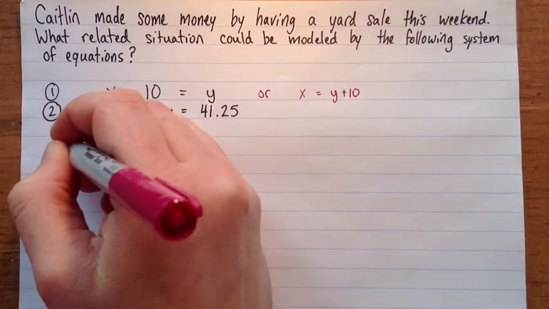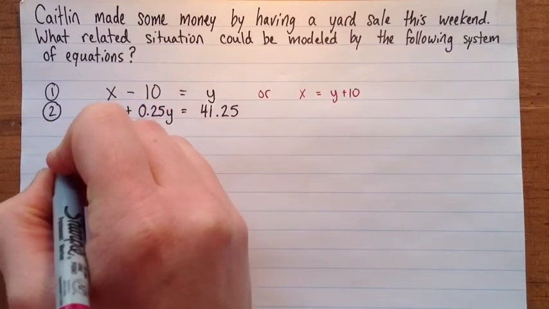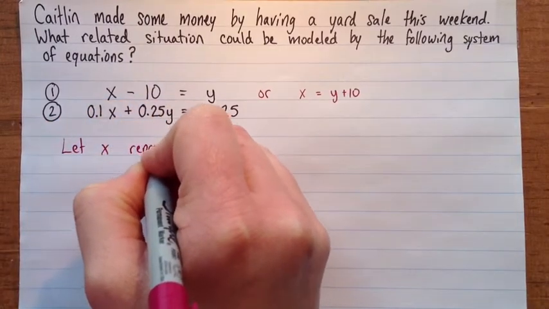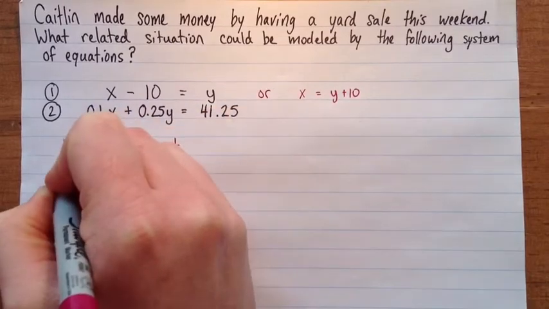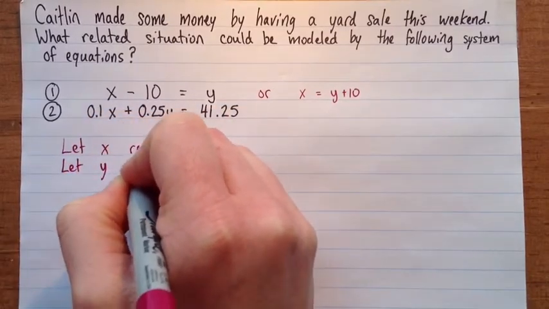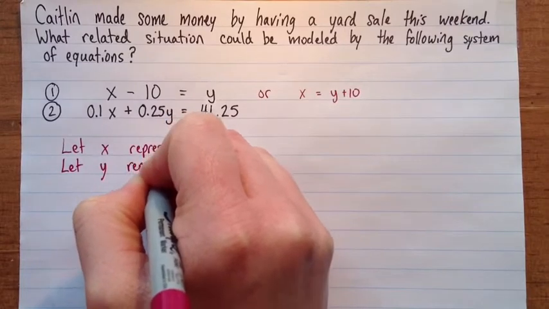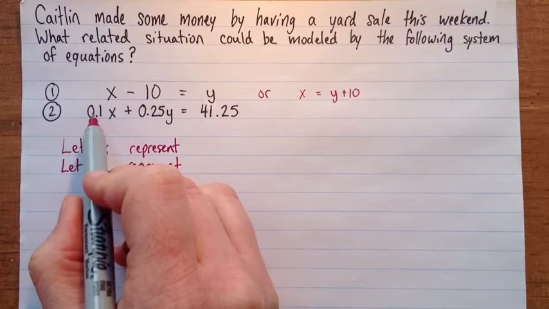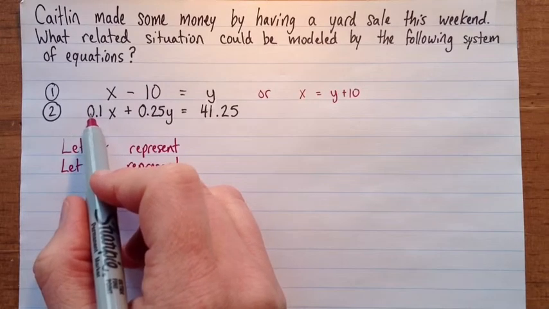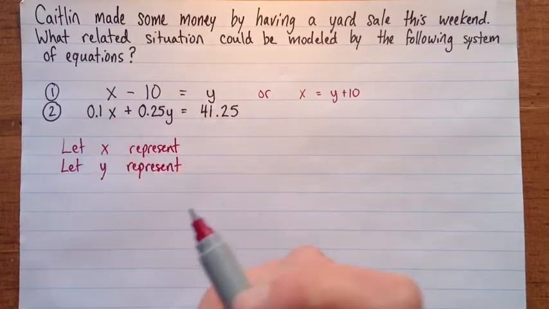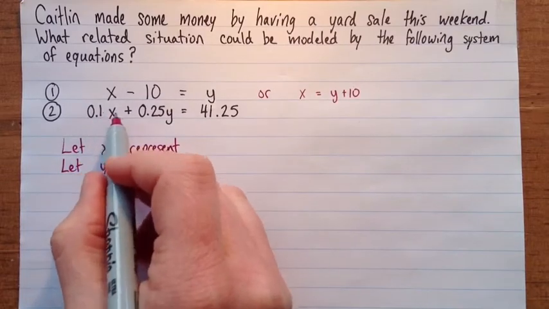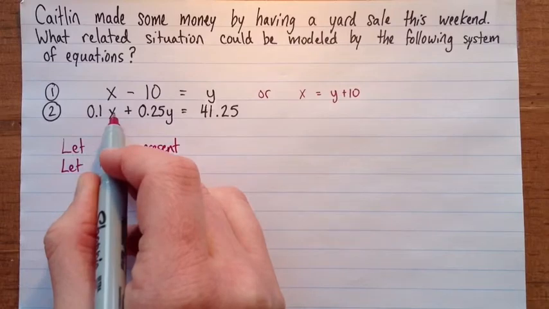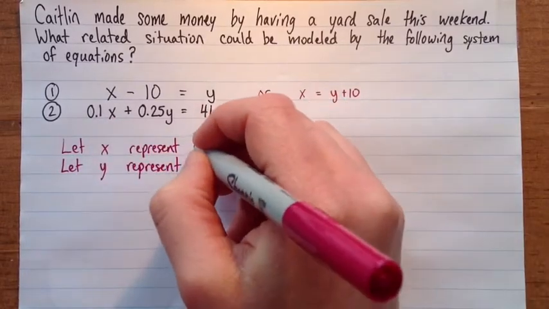So let's look at what the variables could be. Let x represent, let y represent. Let's see what they are. Well, here x we're multiplying by 0.1, or if this is dollars, then we're multiplying by 10 cents. So x looks to me like the number of dimes, because then the value of the dimes would be 0.1 times the number of dimes.